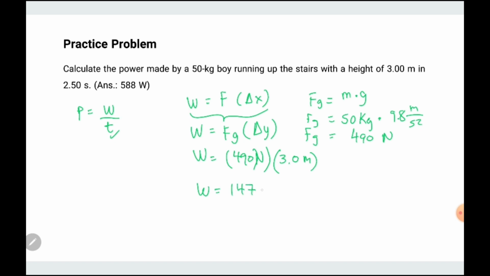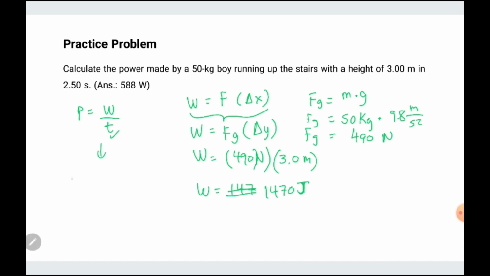1,400 and wait a minute. Yes, 1,470 joules. Let me verify. 490 times 3. Yes, 1,470 joules.